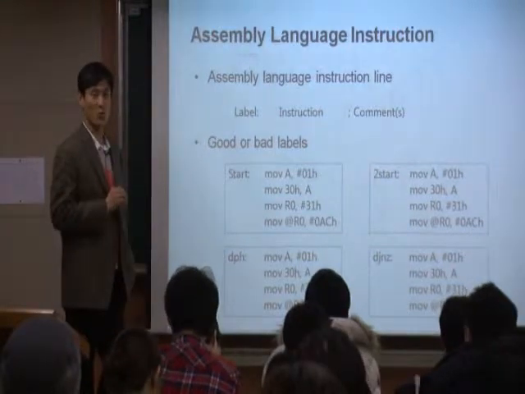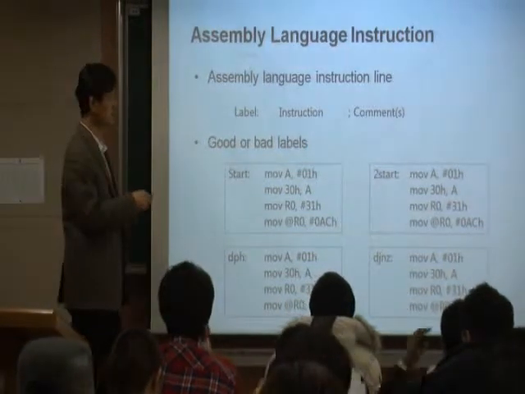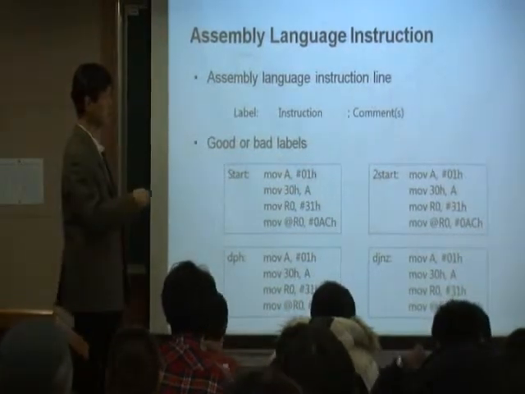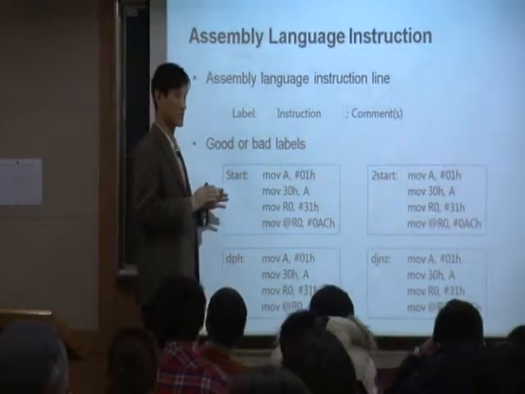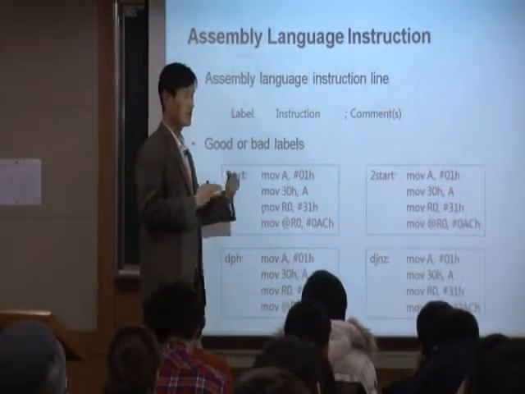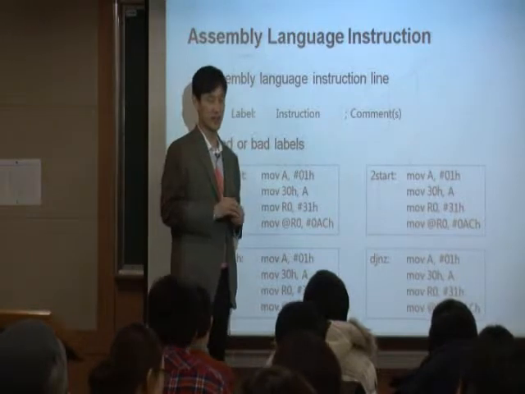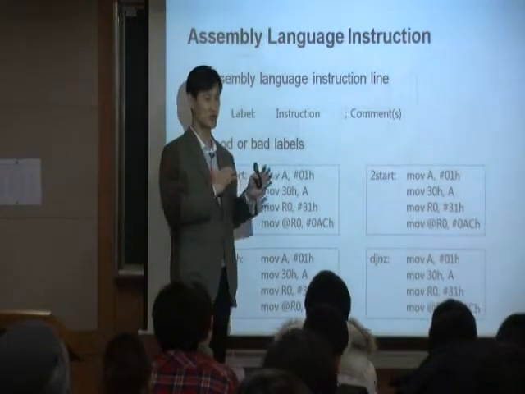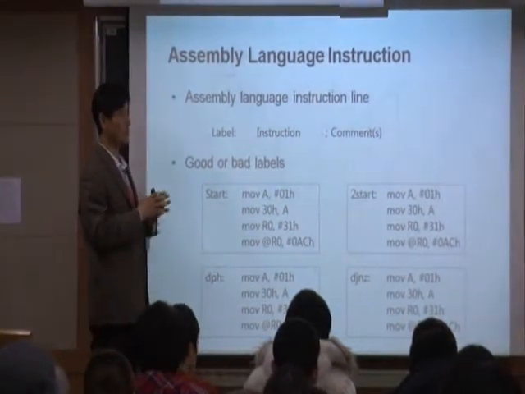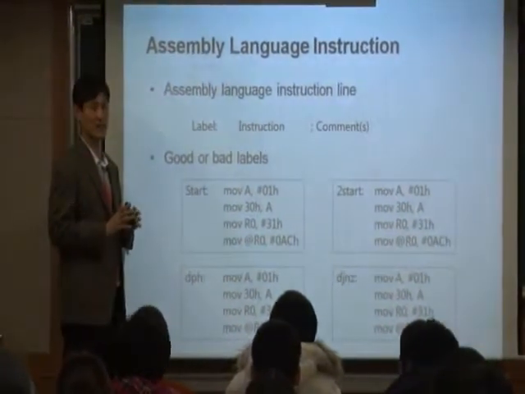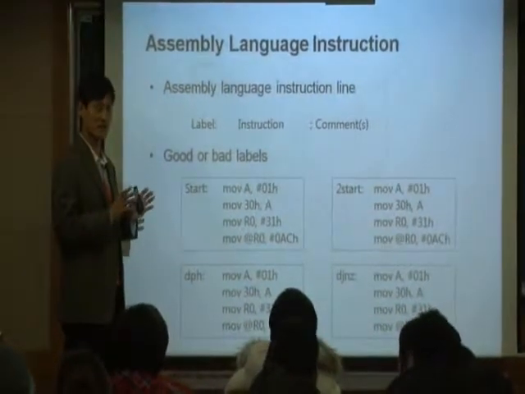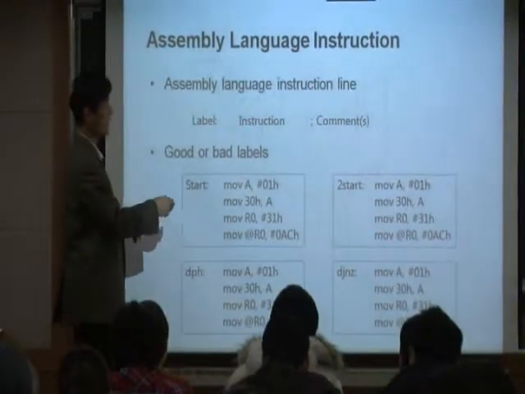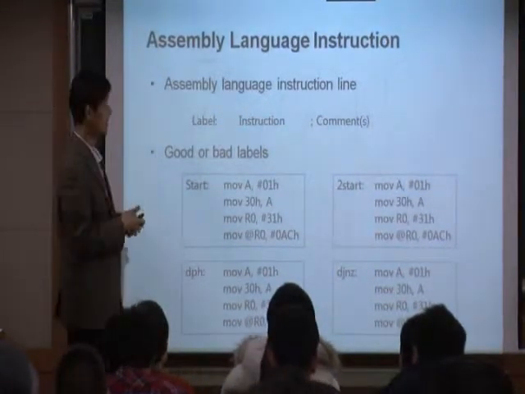Now, let's look at how the assembly instruction looks. This is the way of writing an assembly instruction. In this course, we are not going to learn any C language. I introduce C language sometimes to help you understand, but in this course we are going to learn only assembly language. So this is the way of using assembly language.